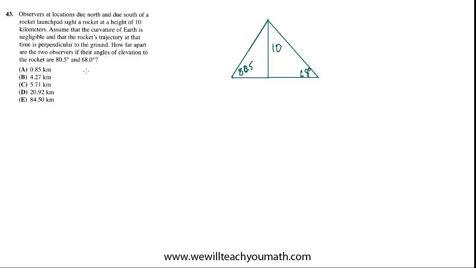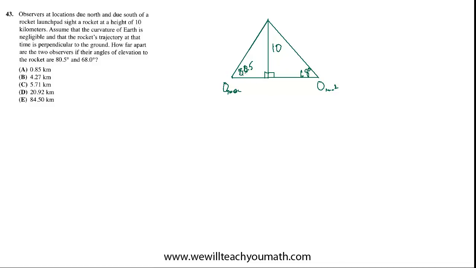And they want to know the distance between the two observers. So this is observer south, this is observer north over here, and this is a right angle because the rocket is launched perfectly straight up, perpendicular.